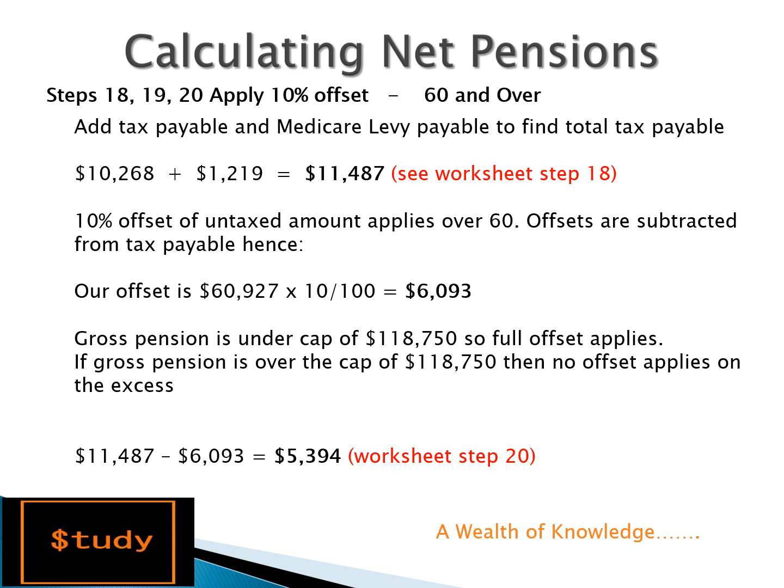Now, because this pension is what I'm calling a medium pension, it's under these thresholds I'm going to talk about when I start talking about large pensions, the full offset is applied. Meaning we had a tax bill of $11,487. Our offset is now $6,093. And with offsets, we literally just subtract them from our tax bill. So our tax bill was $11,487. Because we're over 60, we get the offset.